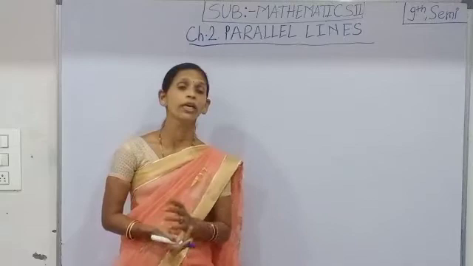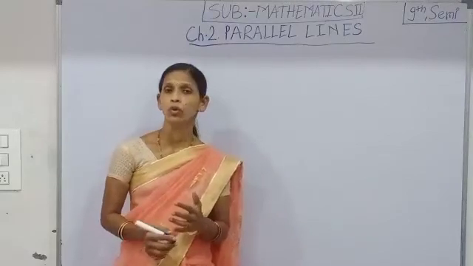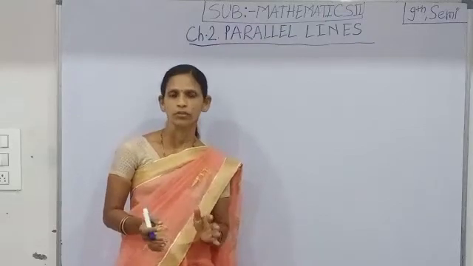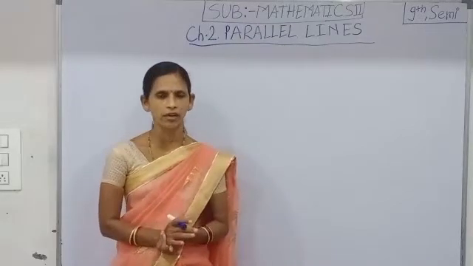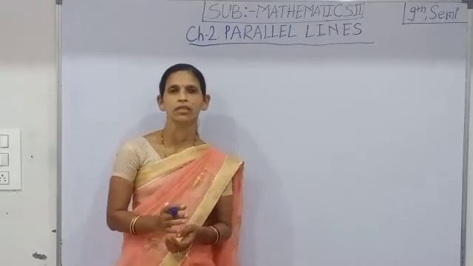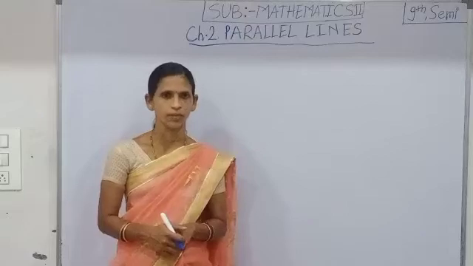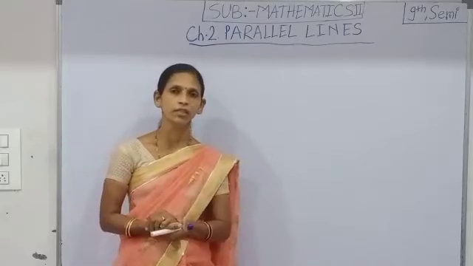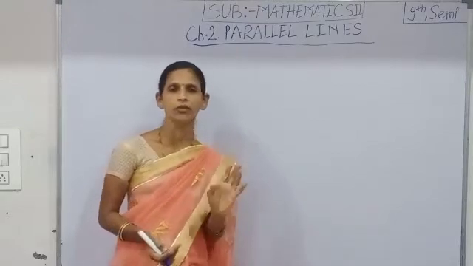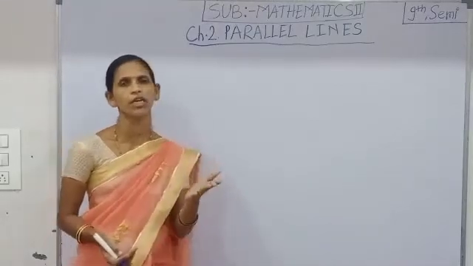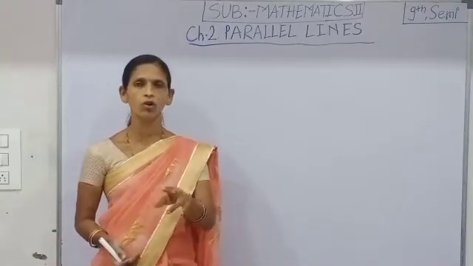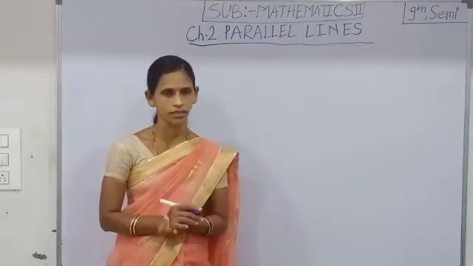Today we are going to prove some properties of interior angles, corresponding angles and alternate angles. All of you have studied the three important properties related to interior angle, corresponding angle and alternate angle made by a transversal on two parallel lines.